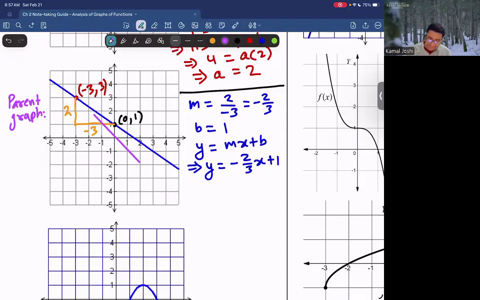That's the line which goes through the origin and makes a 45-degree angle, exactly at (1, 1), (2, 2), (3, 3). In this case, (-1, 1), (-2, 2), (-3, 3), and so on the left, and similarly on the right. And the equation of that graph is y = -x.